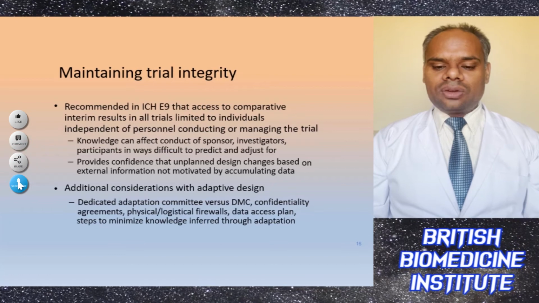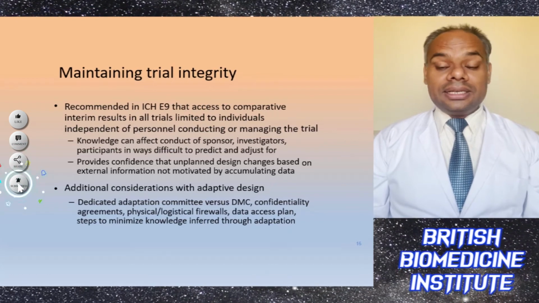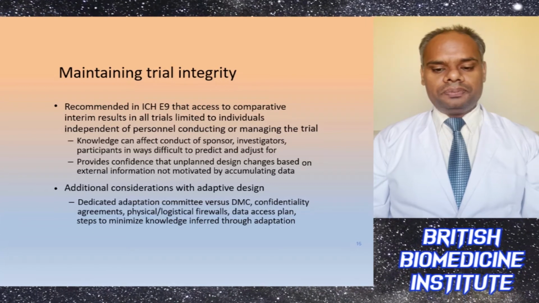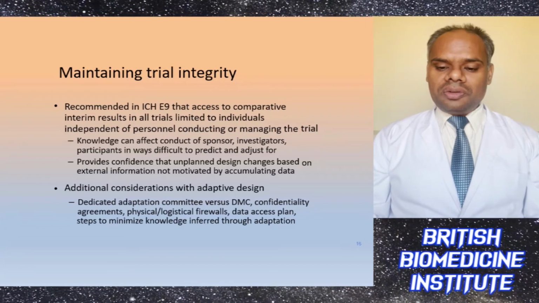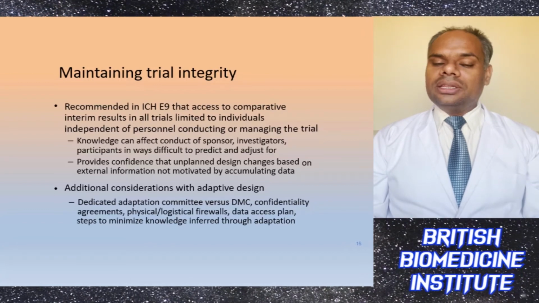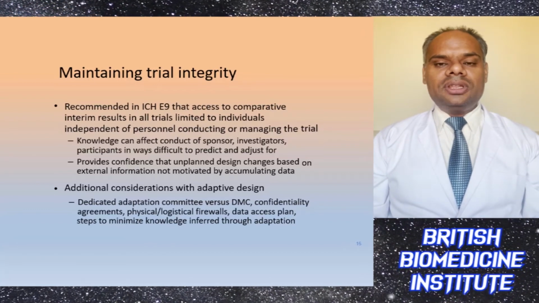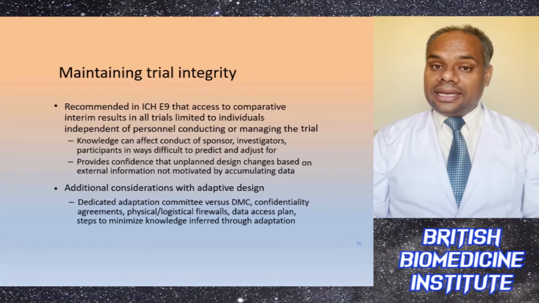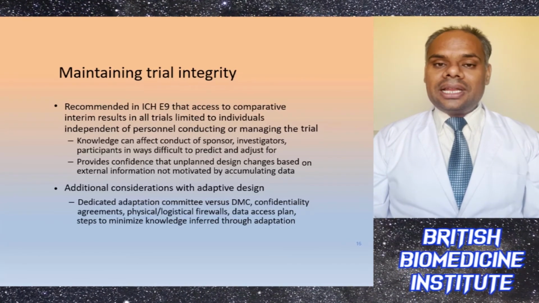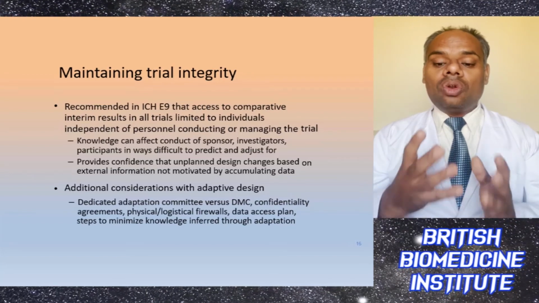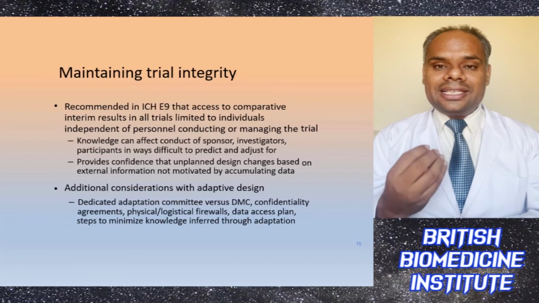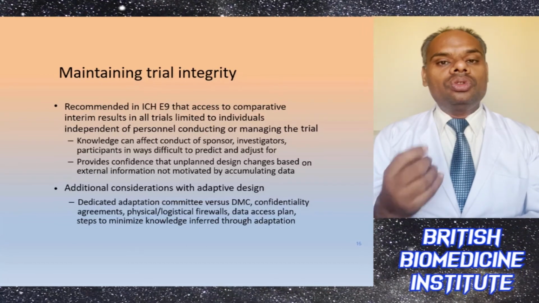It also provides the confidence that unplanned design changes are not based upon external information, which is not motivated by accumulating data. There can also be additional considerations with adaptive designs, like a dedicated adaptation committee versus the DMC, confidentiality agreements, physical or logistic firewalls, a data access plan, and steps to minimize the knowledge inferred through the adaptation.